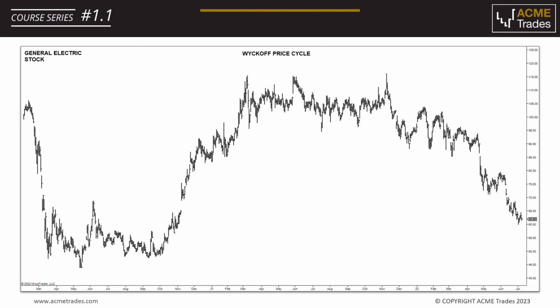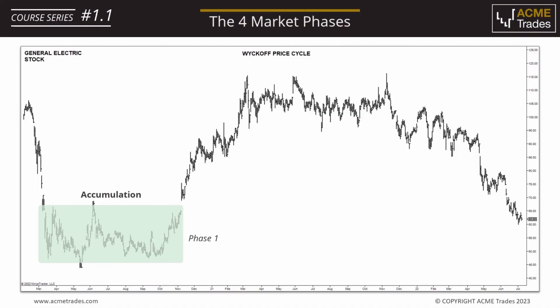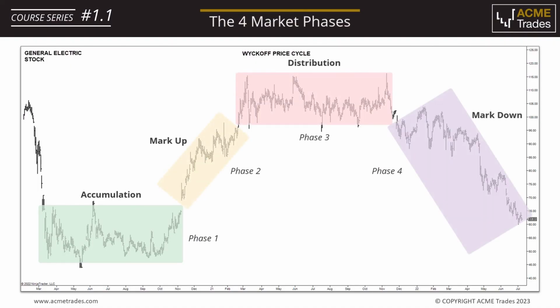We have now established the 4 phases within the market cycle: accumulation, markup, distribution, and markdown. Now we are going to take a deeper look into each of these phases, starting with accumulation.